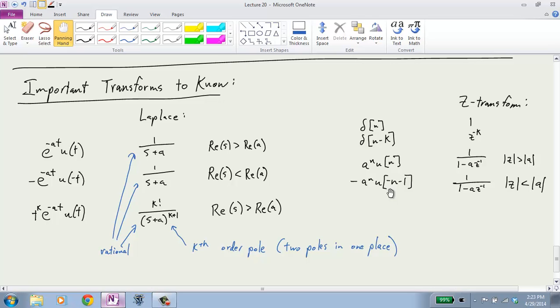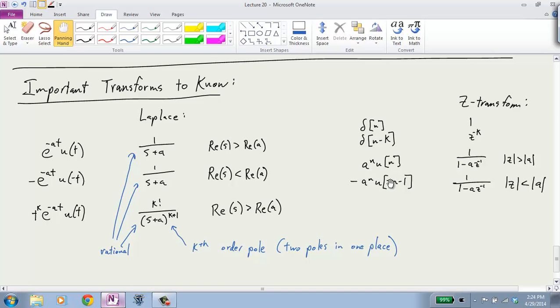What's that point? The last value where u of negative n minus 1 equals 1 is actually at n equals negative 1. So in other words, the signal will only live on strictly negative values of n, not including n equals 0. If this was a u of negative n, it would be 1 for all values of n less than or equal to 0. This is 1 for all values of n strictly less than 0.